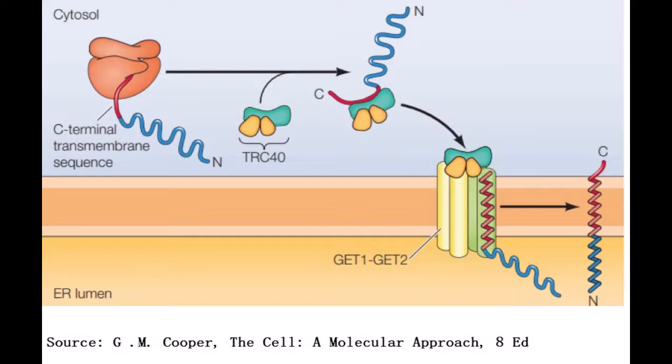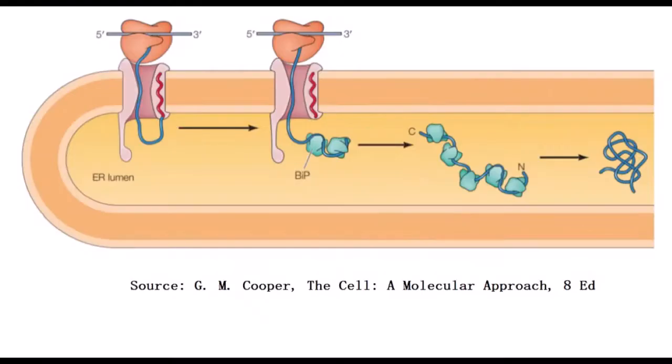TRC40 brings this protein to the GET1, GET2 receptor present on the endoplasmic reticulum membrane, through which insertion of these proteins occurs in the endoplasmic reticulum. The C-terminal in these proteins lies on the cytosolic side.